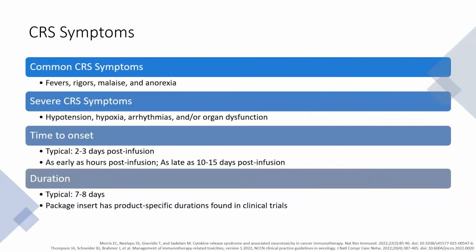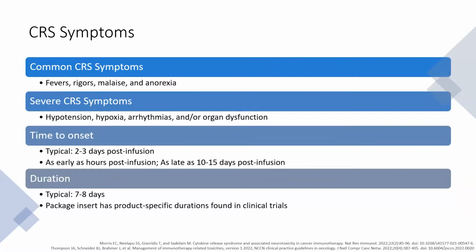So some of the more common CRS symptoms include fevers, which may be high-grade and persistent, rigors, malaise, and anorexia. Severe CRS symptoms could present as hypotension, hypoxia, arrhythmias, and/or organ dysfunction. And the hypoxia could be due to the capillary leak syndrome, and the organ dysfunction may be a direct or indirect result of CRS.